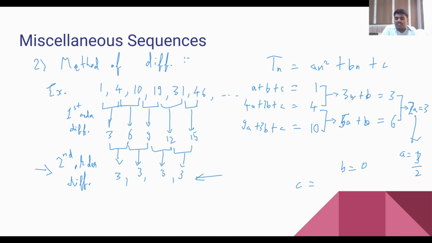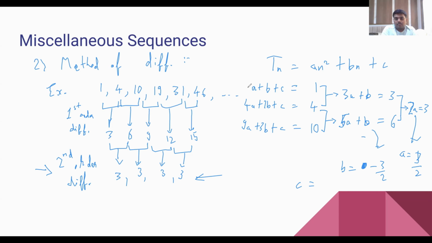Then b is equal to 3 minus 3 into 3 by 2, which is 9 by 2, and when 9 by 2 is subtracted from 3, the remainder is minus 3 by 2. And it can be verified from here as well, that 5 3s are 15 by 2 minus 3 by 2, which is 12 by 2, and it is 6. So from here, we can get b is equal to minus 3 by 2.